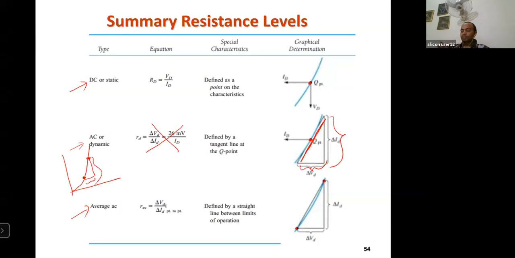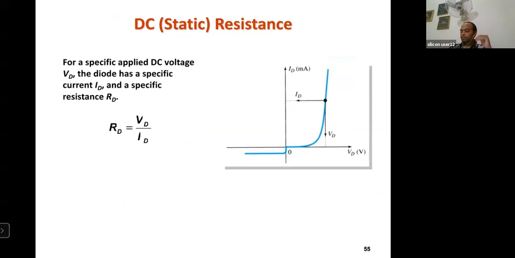So just have a picture of these three different kinds of resistance. We'll now go one by one. Once all these three resistances are over, then again we'll summarize it.